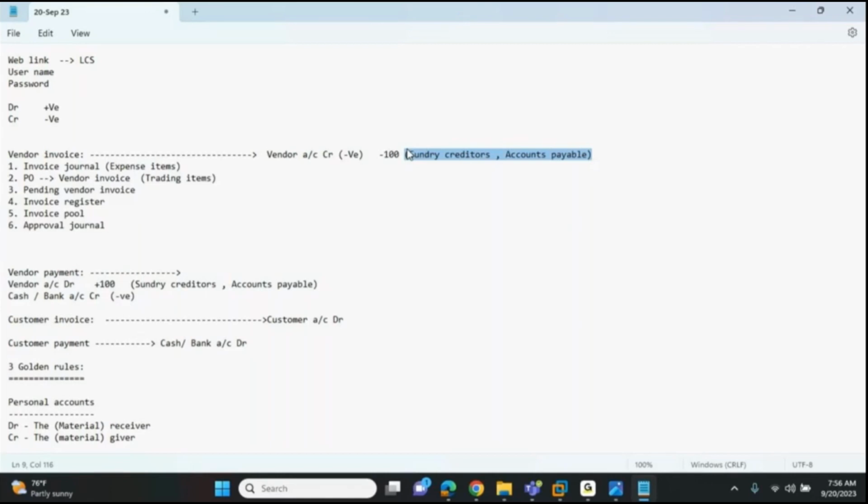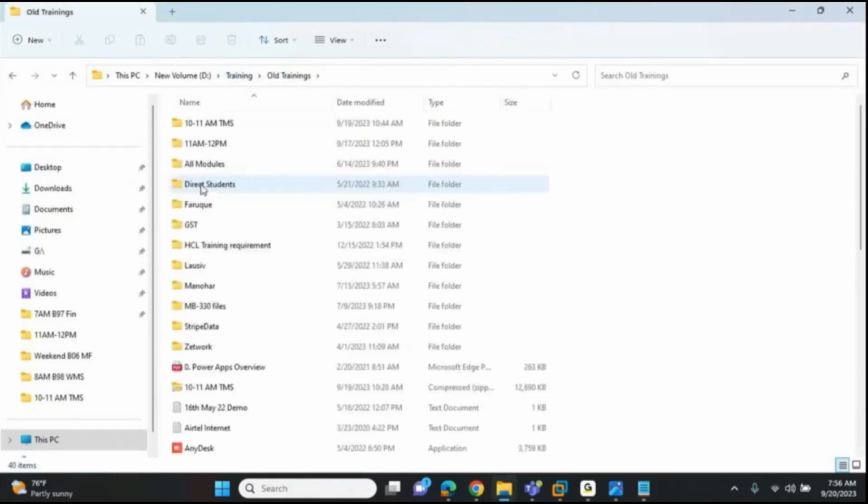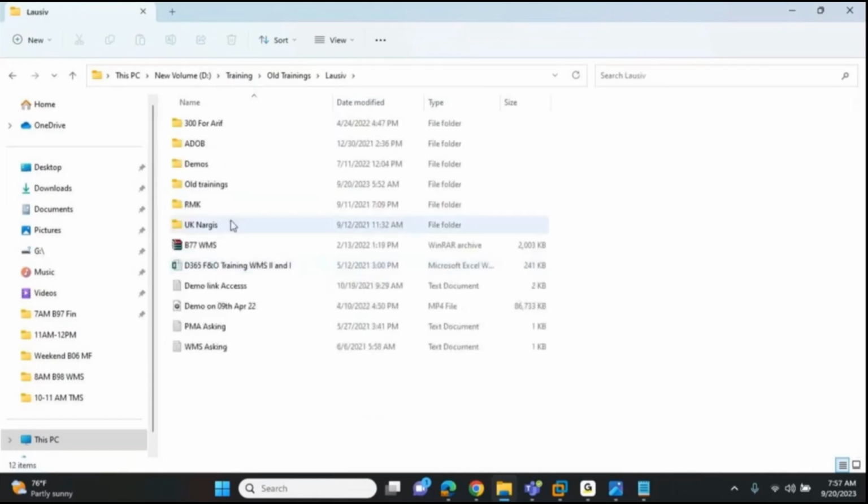When you make a payment, that will be this entry. Yes, I think that's what Jyoti was trying to highlight: vendor account debit and cash or bank credit happen when you actually post a payment. But I will teach you the entries before that.